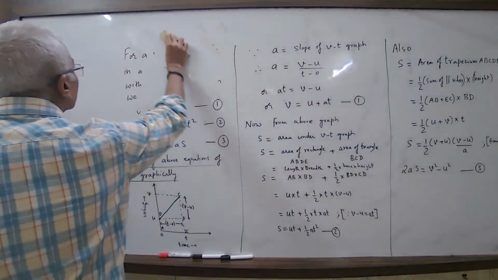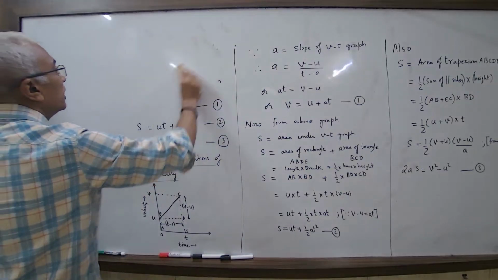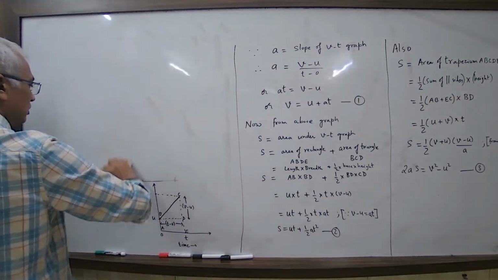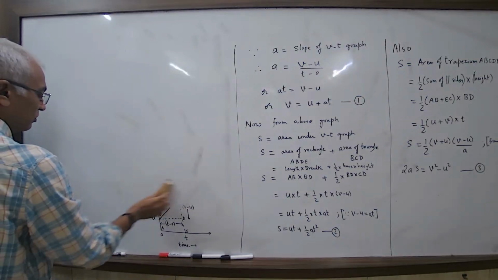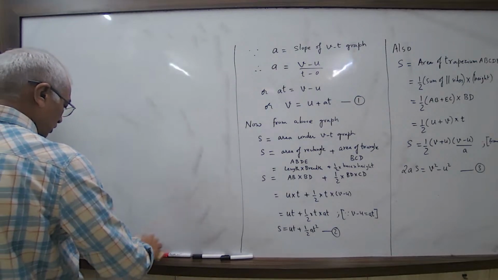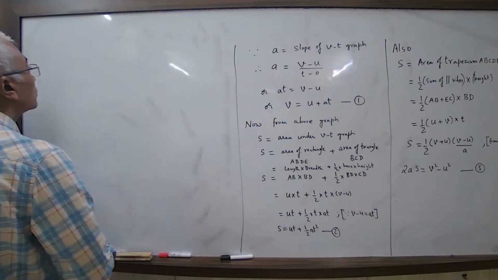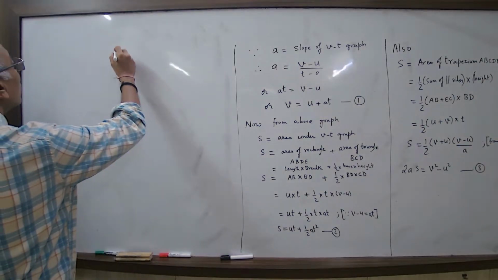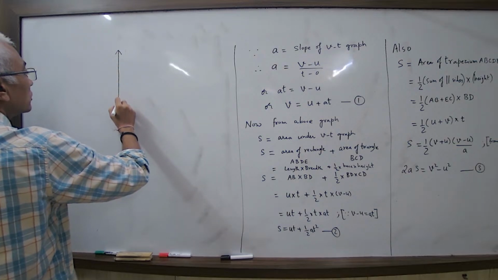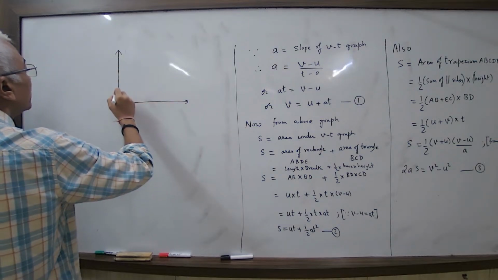Uniform acceleration. Uniform acceleration means velocity will go on increasing from zero. So how will you represent it on the graph? You have to find the VT graph.